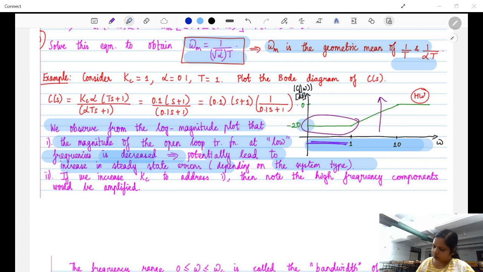state error. So you know very well that, let's say if I talk about ESS, for some type of system it is either 1 by Kp plus 1 or 1 upon Kv or 1 upon K, right?